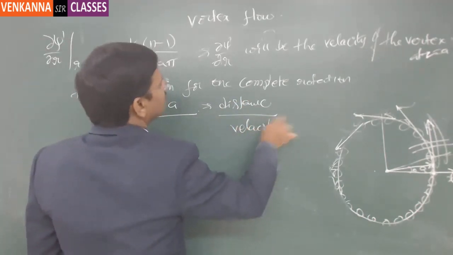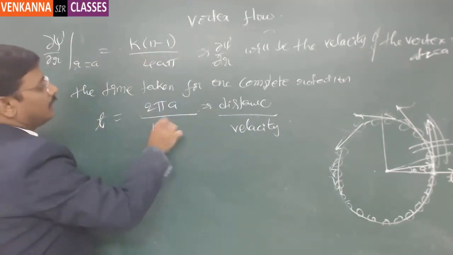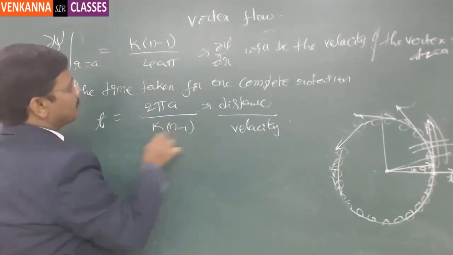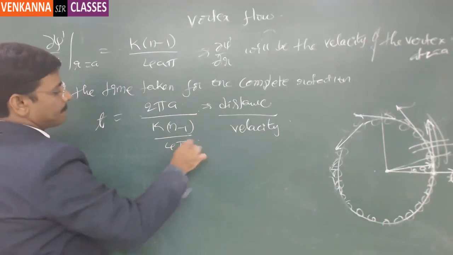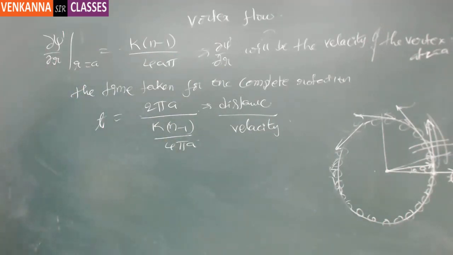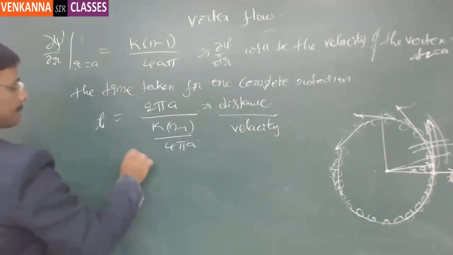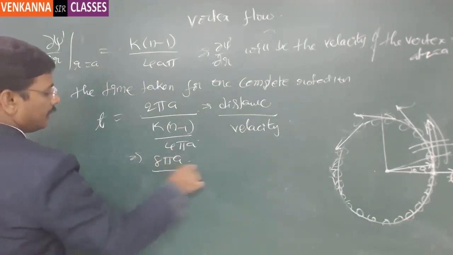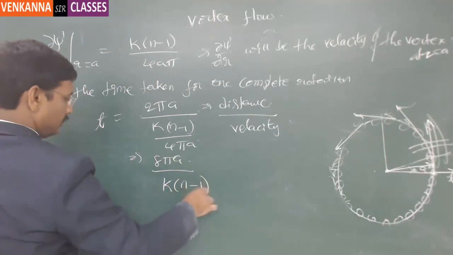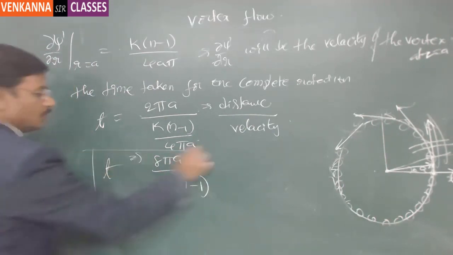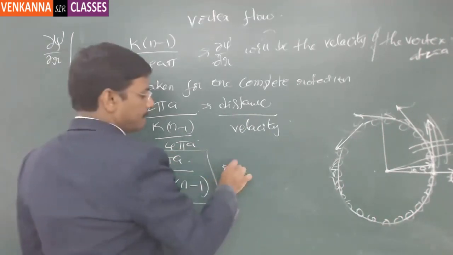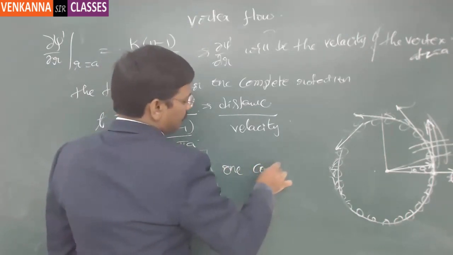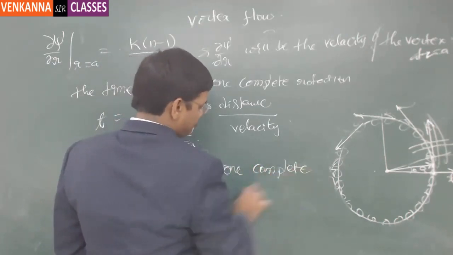With this velocity each vortex is traveling, that is k times (n minus 1) by 4πa. So this will be 8π²a² by k times (n minus 1). This is the time taken for one complete rotation.